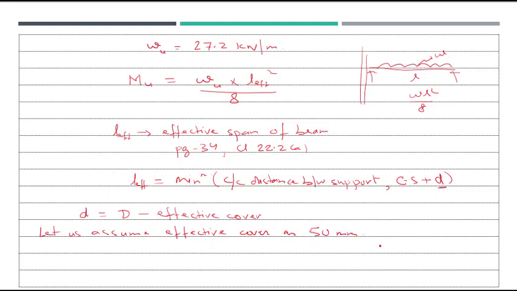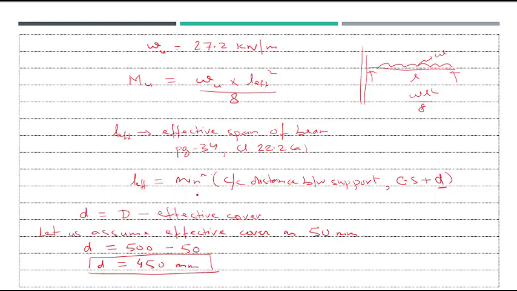So your effective depth d will become 500, the overall depth of the beam, minus 50, which becomes 450 mm.